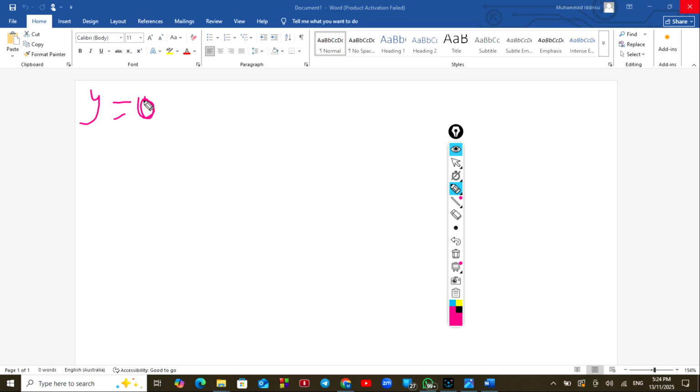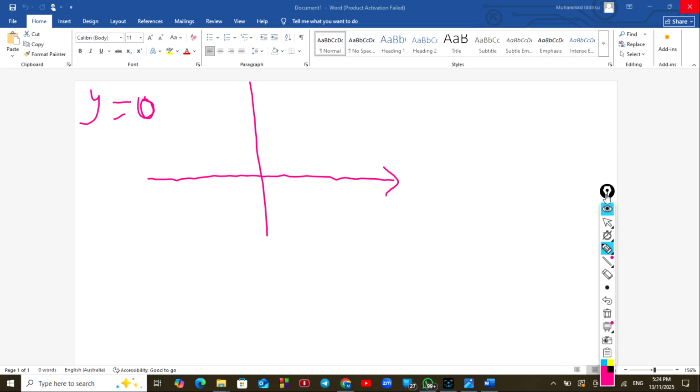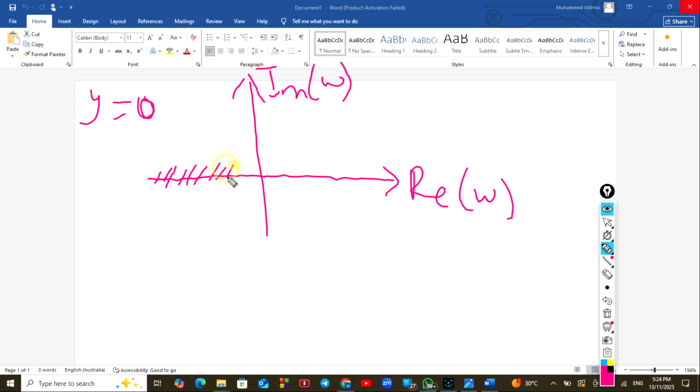So if we are sketching it, we have the real part of W and the imaginary part of W, and this is the line y is equal to 0.